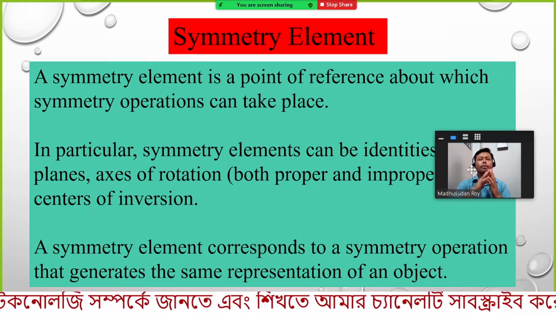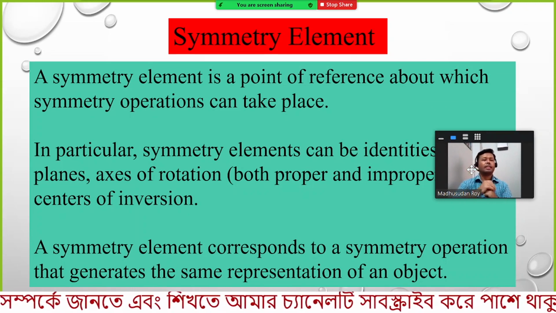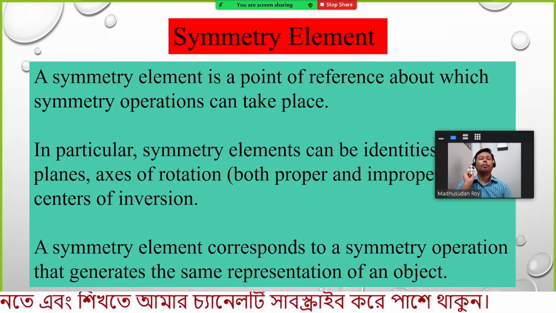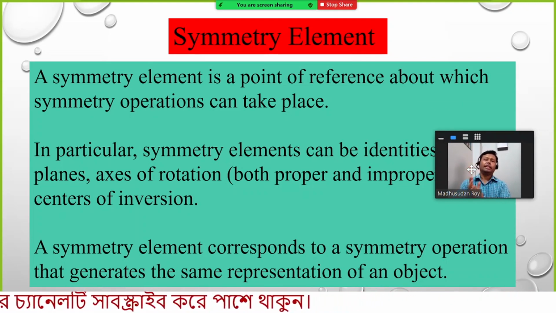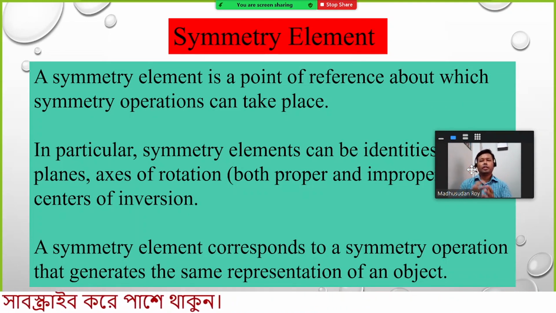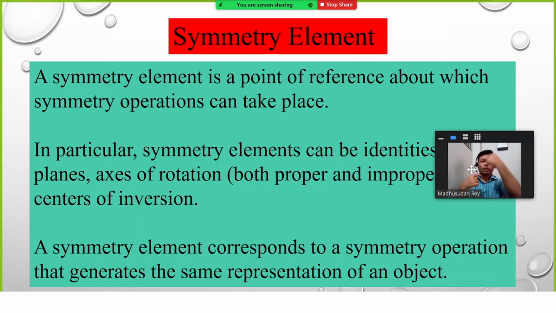A symmetry element is a point of reference about which a symmetry operation can take place. If you consider a human and draw one line through the middle of the body, the left side and right side will be similar.